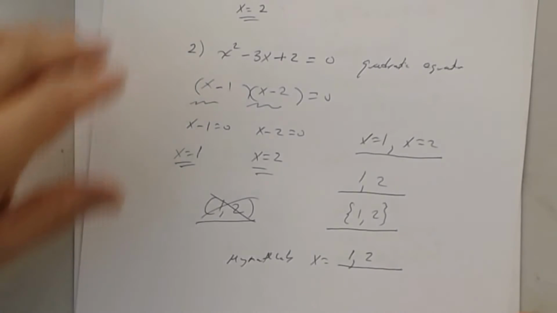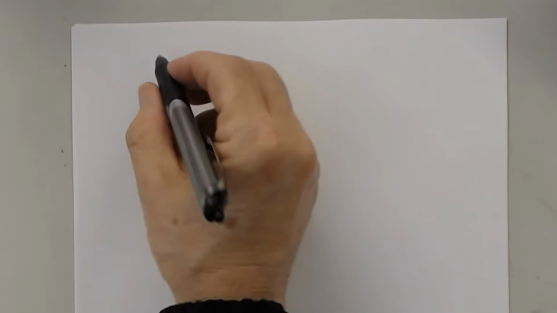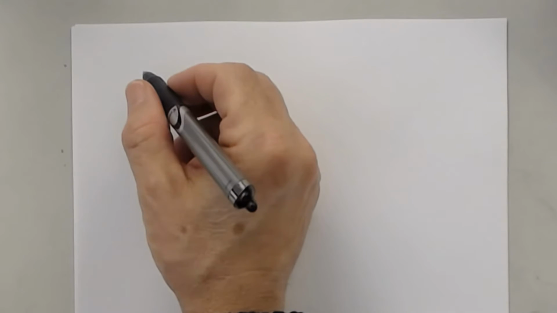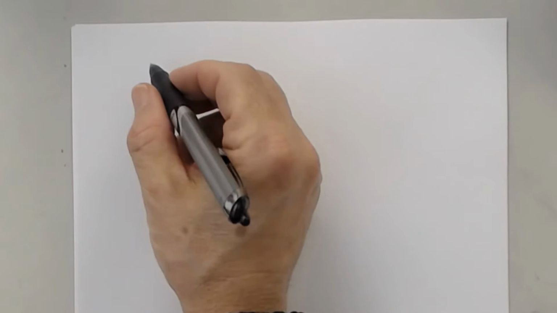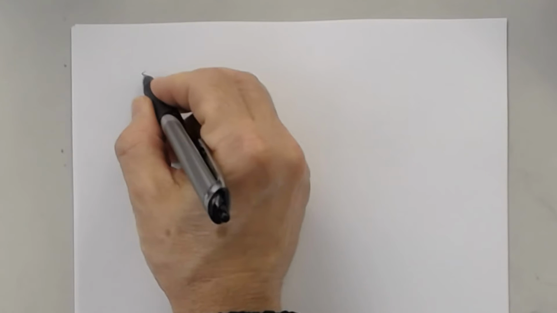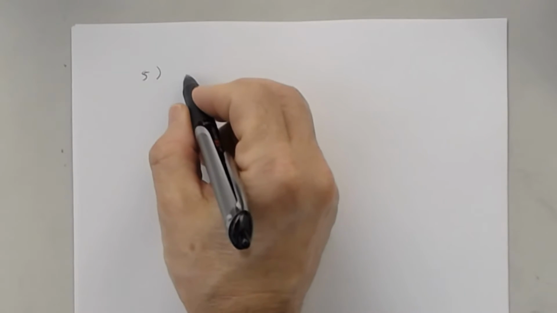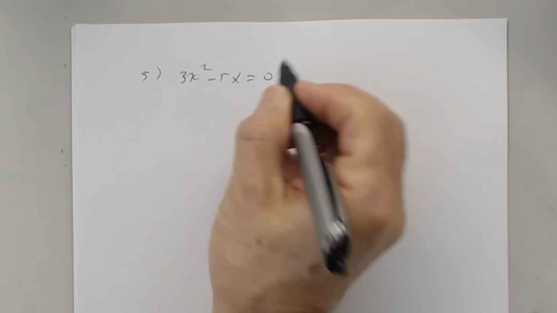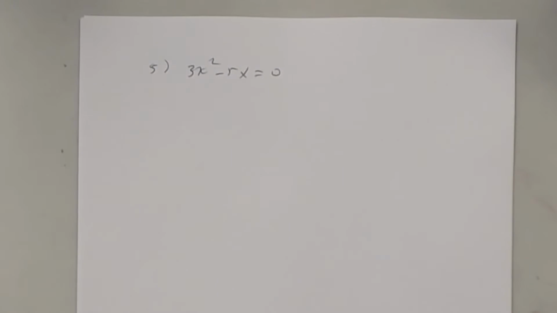Okay, so now let's look at number 5. So you have an idea now what to do to solve these quadratic equations by factoring. You've got to use factoring. And what else do you have to use after you factor? Zero factor property. So number 5, suppose we had 3x squared minus 5x equals 0.